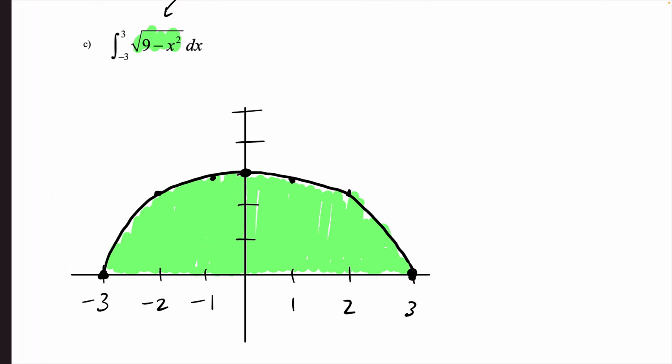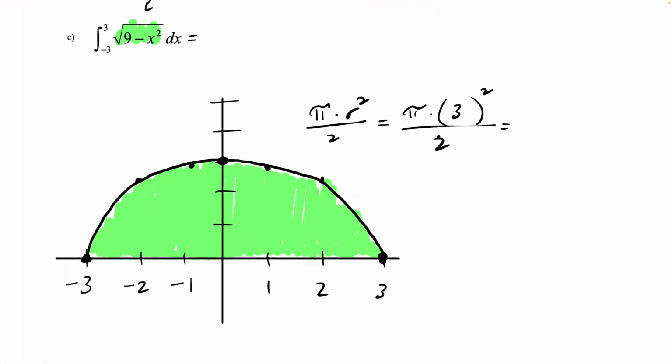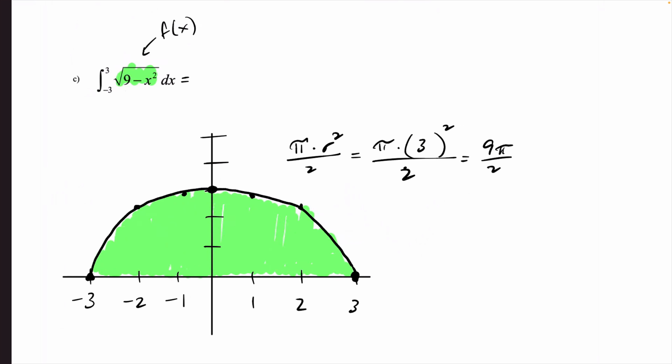So the area of a regular circle is pi times the radius squared, right? Well, the area of a half circle would just be divided by 2. Okay, so pi, what's the radius? 3, right? Squared, divided by 2. 5 times 9, guys. Have fun. So 9 pi over 2. Yep.